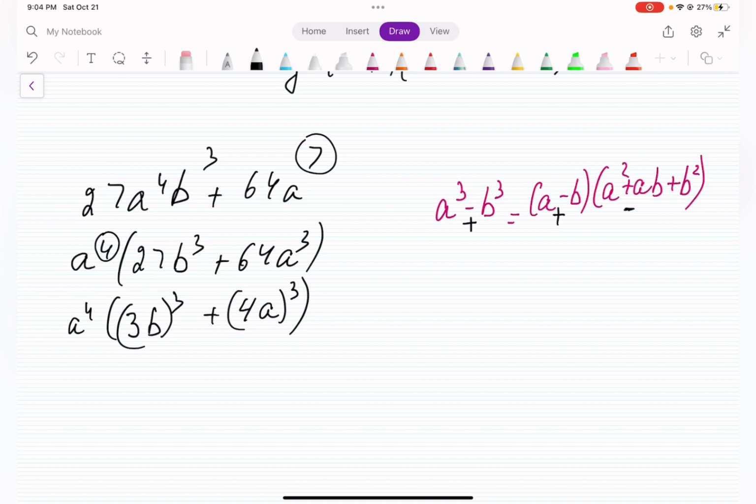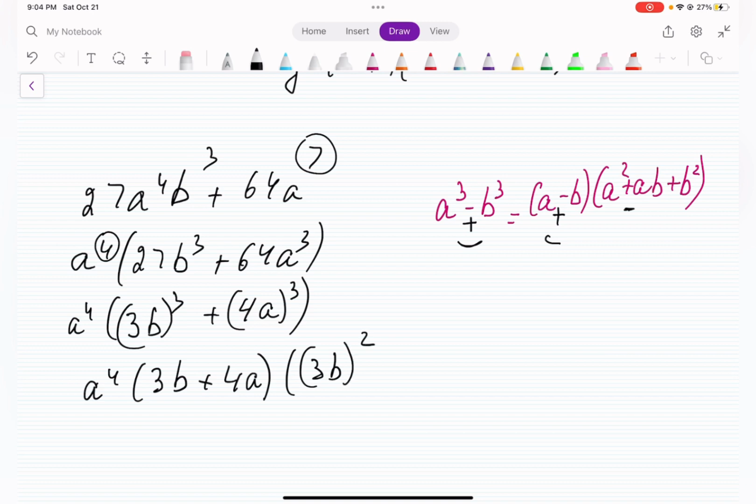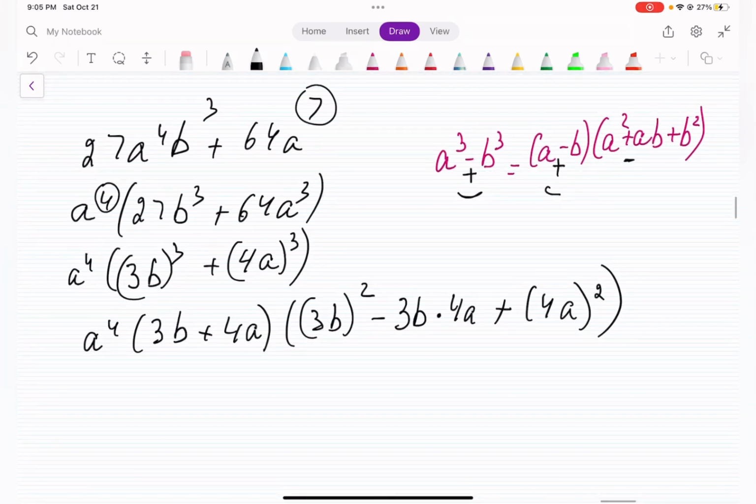Now, we have the plus version, which means we're going to get a to 4, 3b plus 4a, and then we are going to get 3b squared, minus, this time, ab, where a is 3b, and b is 4a, and plus 4a squared. So let's solve it.